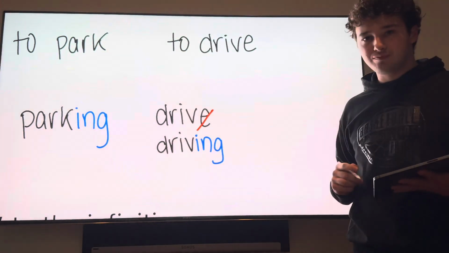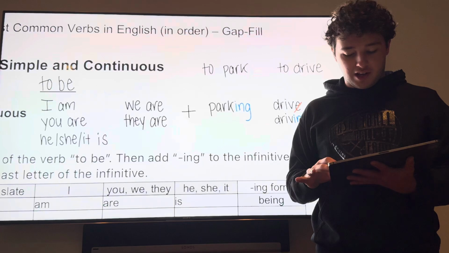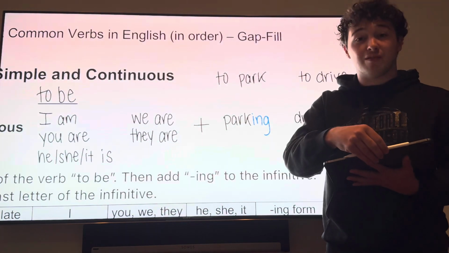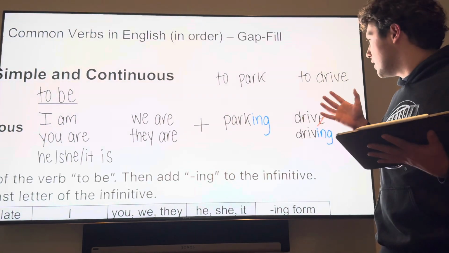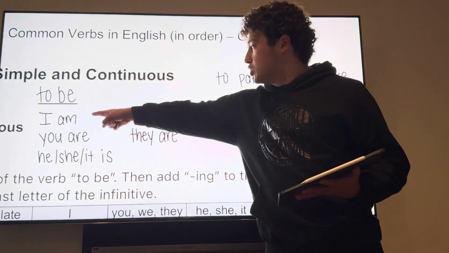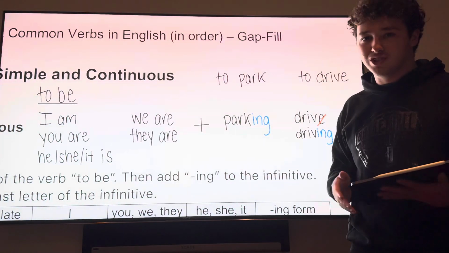Driving. Okay. That is the formation of the continuous. You're going to want to have those two parts together. You need both the to be conjugation with the pronoun as well as the infinitive with ing.